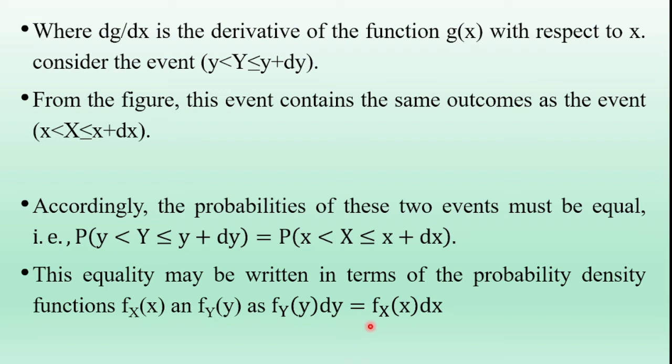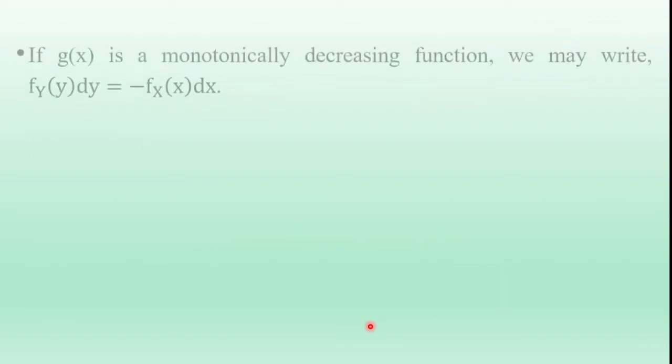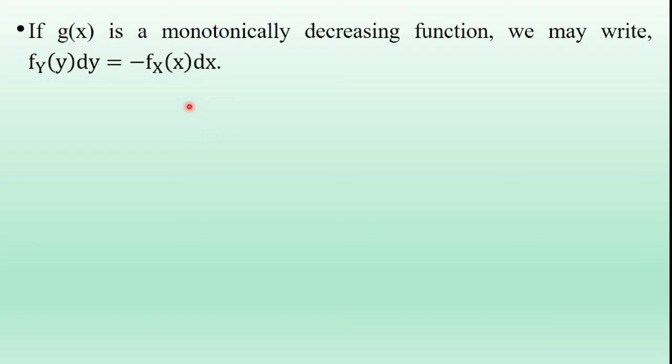So if the function g(x) is a monotonically decreasing function, that relation we may write as fY(y) dy is equal to minus fX(x) dx. Therefore, in general, we rewrite.